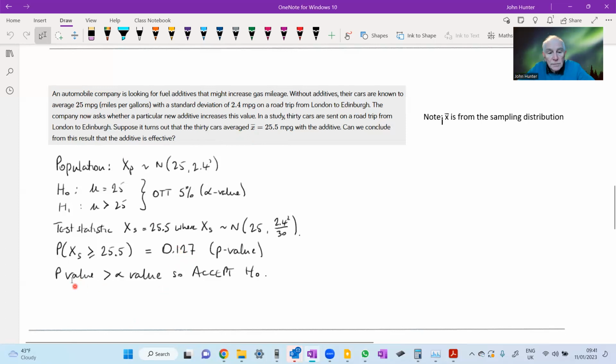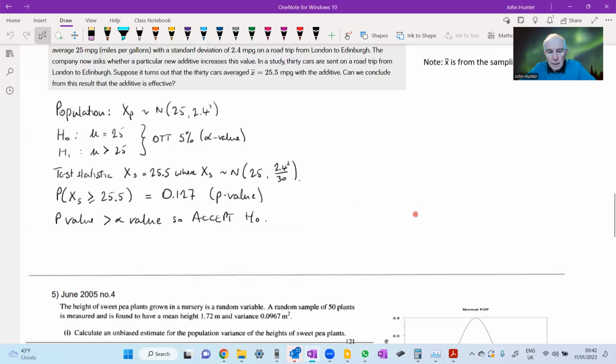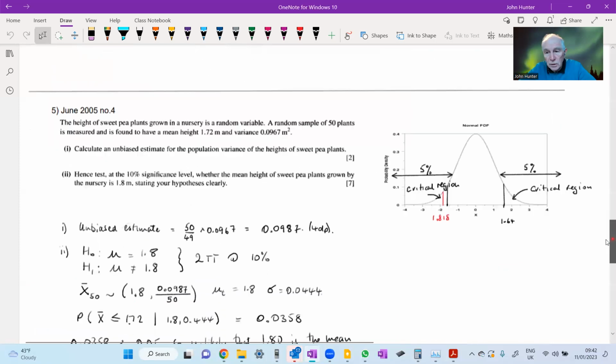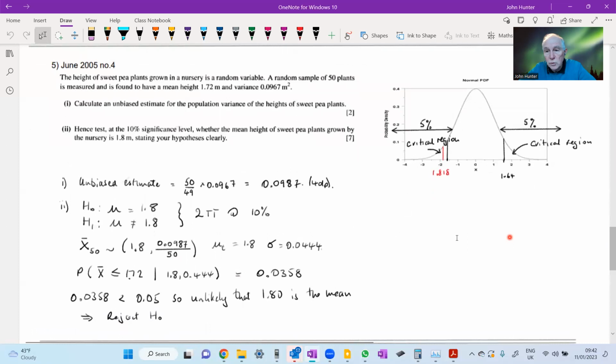So the p-value is greater than the alpha value, so we're going to accept H0, which basically means stick with what we've got. Okay, so that is that one. And the majority of these normal distribution hypothesis tests will involve the sampling distribution.